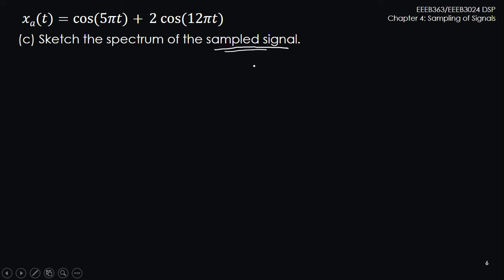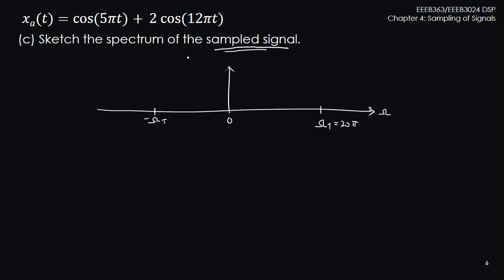So I'll show you what I mean by this. Let's take the spectrum of the first signal. Let's call this part x1t with a frequency omega 1.